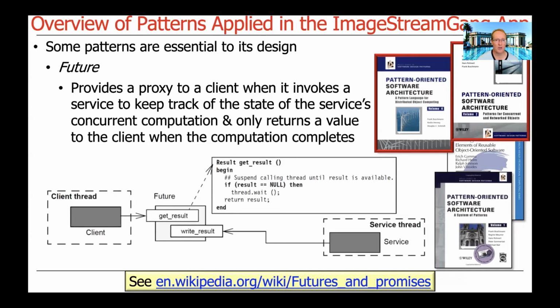Of course, there's also the future pattern, which is used to define a proxy to a client so that when a service is invoked by the client, you get back the future. The computation can run in the background asynchronously, and then when the client needs the result, it can go and get it, or wait until it's ready, or poll until it's ready, or do a timed wait until it's ready.